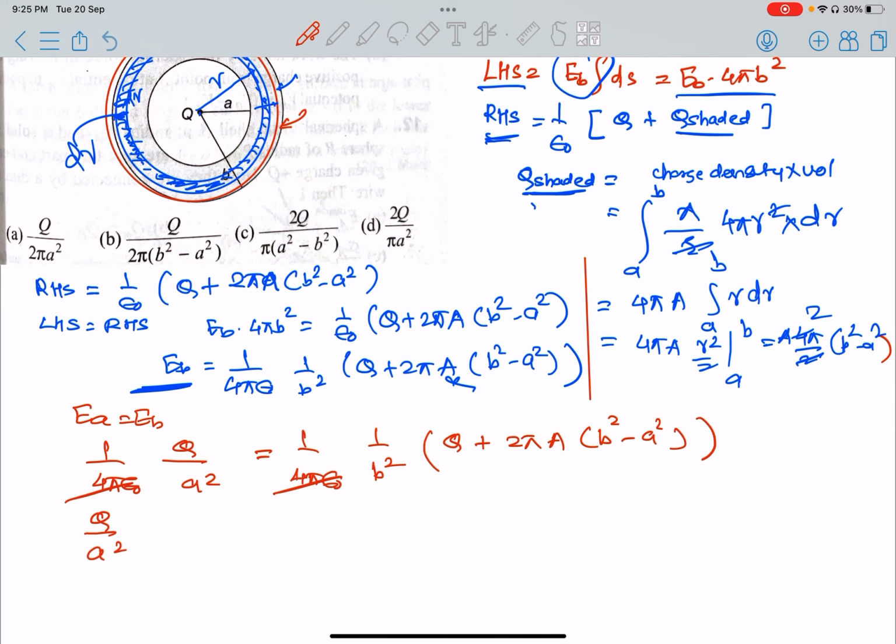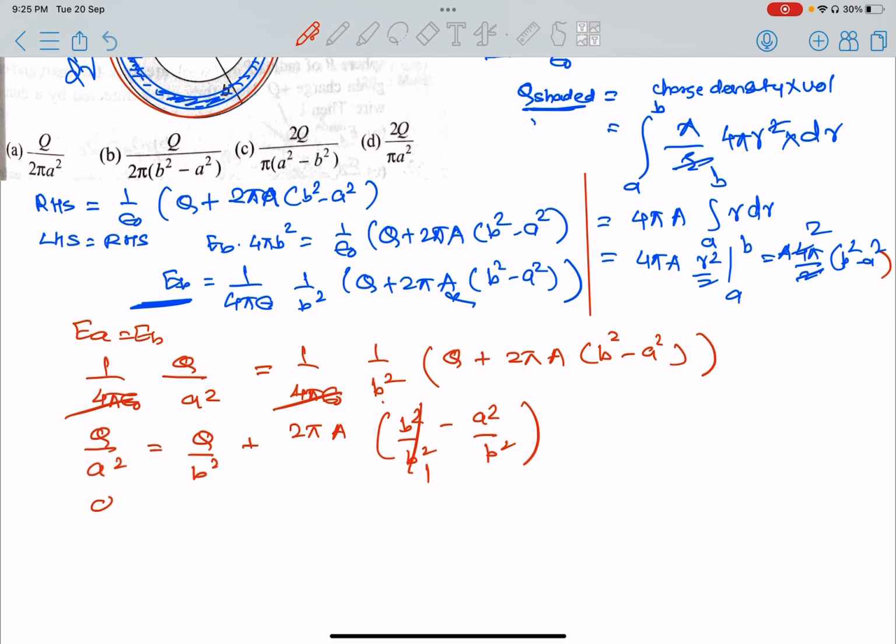Q upon a squared equals Q upon b squared plus, putting this b squared inside, 2 pi A times b squared by b squared minus a squared by b squared. So this will give me 1. Simplifying further, Q upon a squared is equal to Q upon b squared plus 2 pi A minus 2 pi A a squared by b squared.